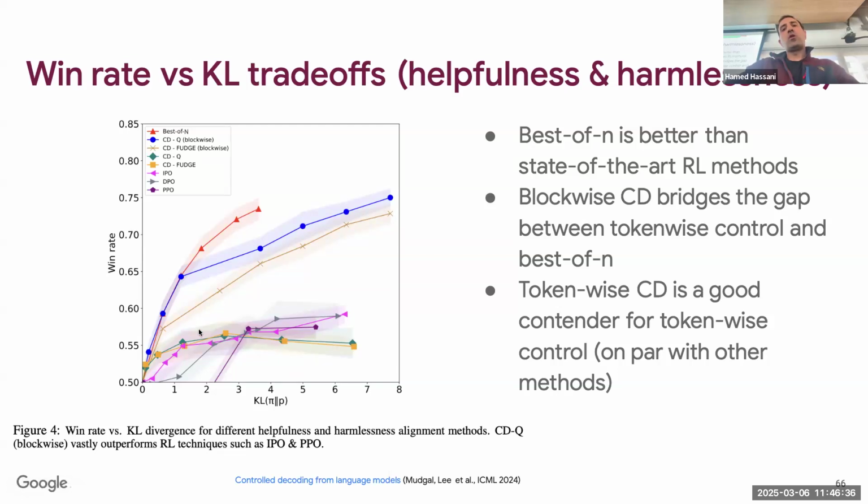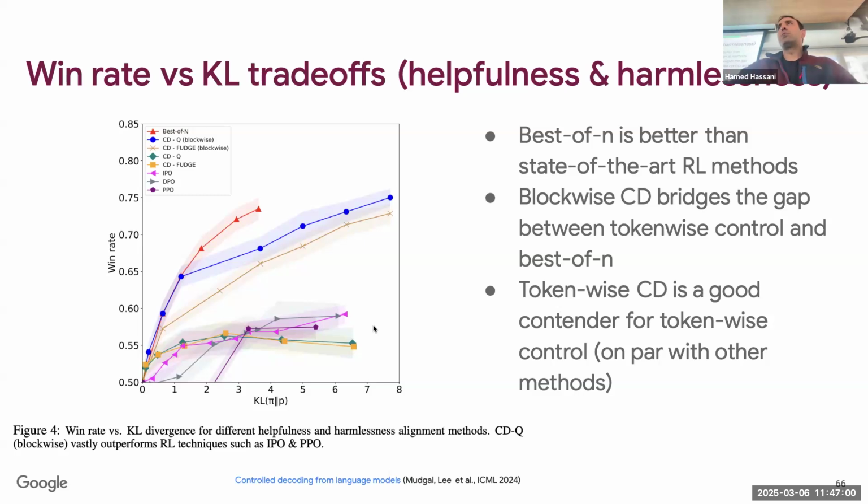All of these token-wise methods are actually much more dull trade-offs than the very sharp trade-off that you get from the very simple best of n method. And the block-wise extensions of best of n are also giving better trade-offs than these token-wise methods.